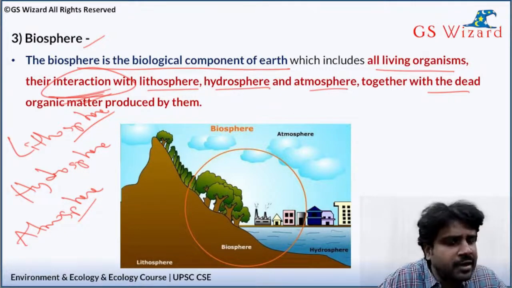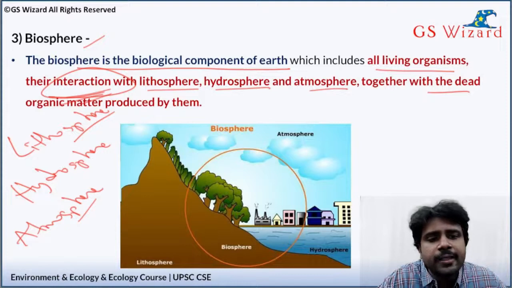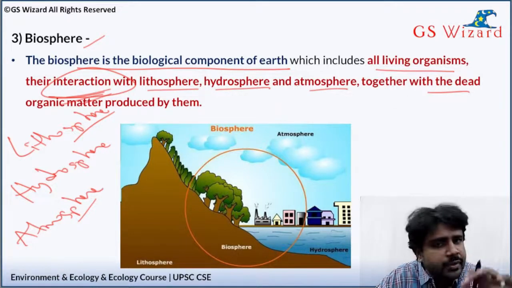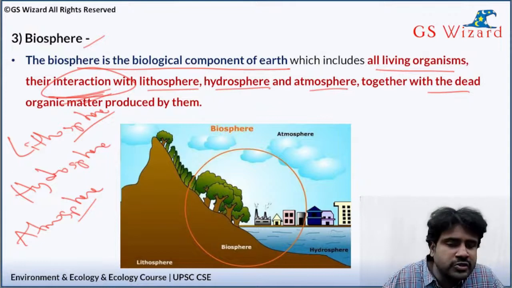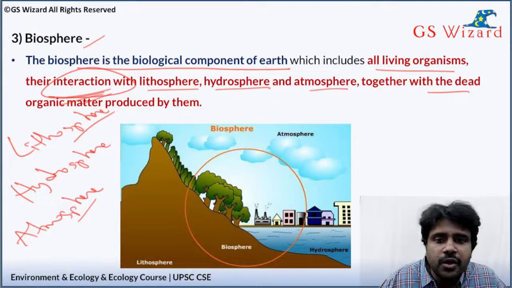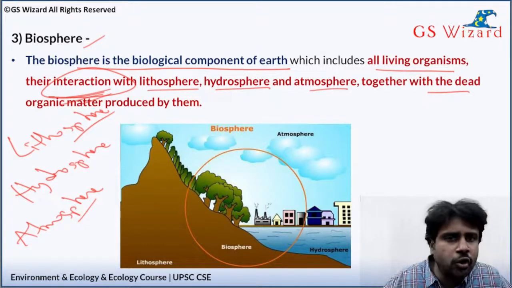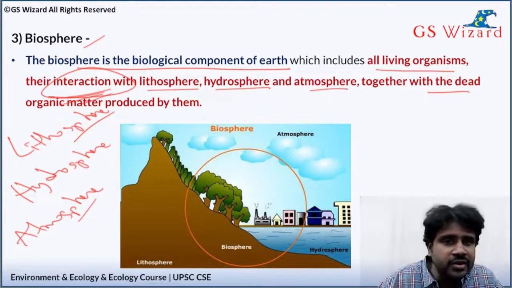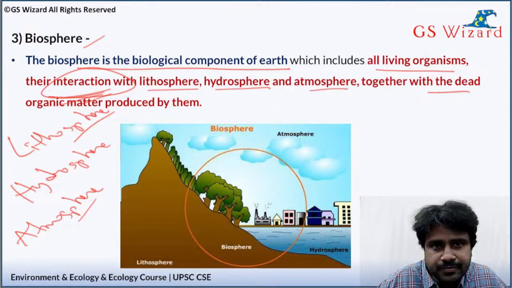Now, why am I taking interaction into consideration? If I just talk about living organisms, it doesn't make any sense. Whenever I speak about living organisms, I should also take into consideration interactions of living organisms with non-living things. What do you mean by non-living things? Lithosphere, hydrosphere, and atmosphere. And also interaction of living organisms with themselves, among themselves.